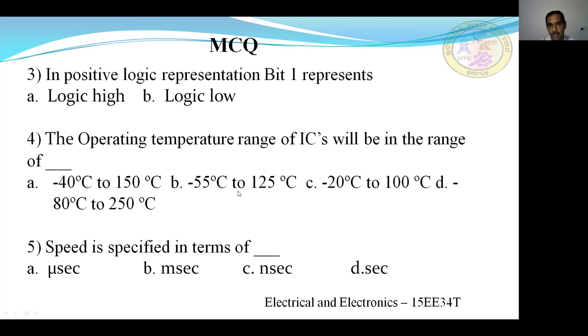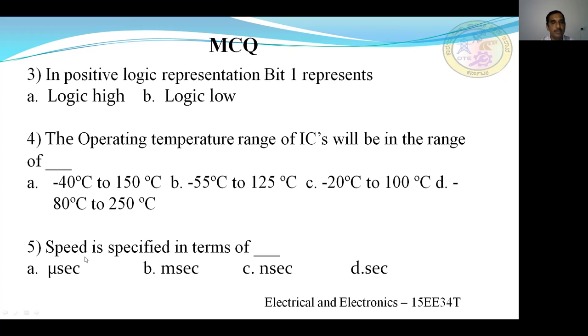Option B, minus 55 degree centigrade to 125 degree centigrade. Option C, minus 20 degree centigrade to 100 degree centigrade. Option D, 80 degree centigrade to 250 degrees centigrade. So the right answer is option B, that is minus 55 degrees centigrade to 125 degree centigrade. So this is the operating temperature of ICs. Because it covers both commercial as well as industrial, it comes under this range only.